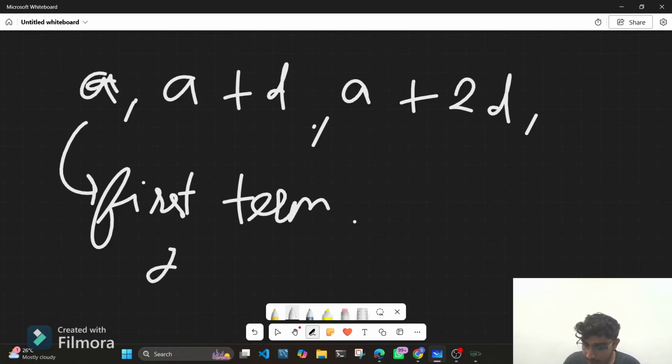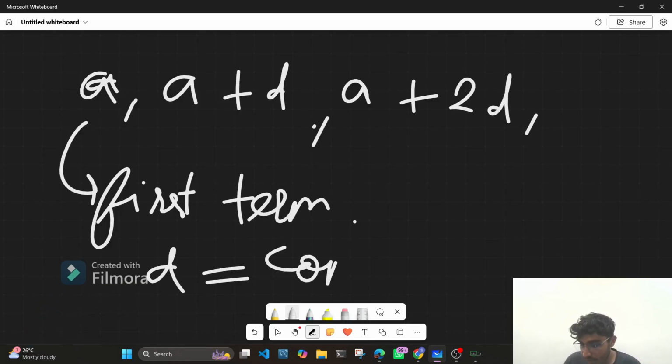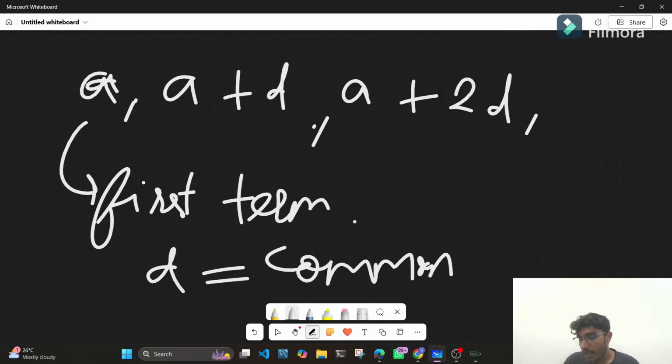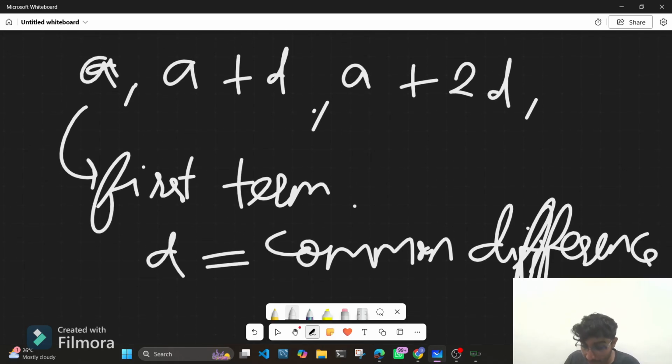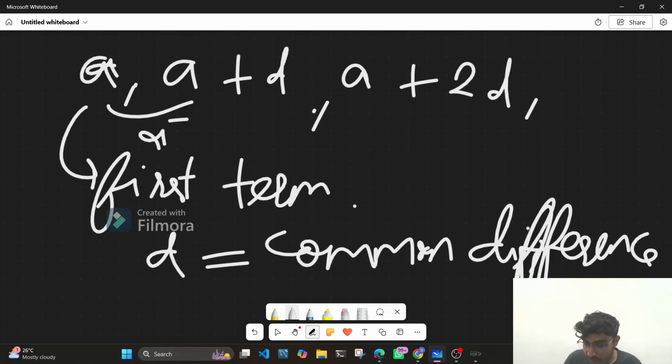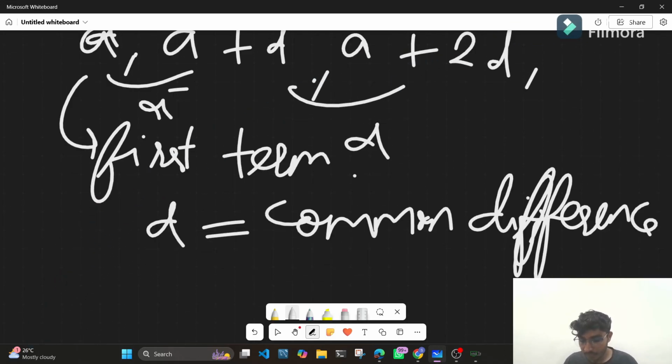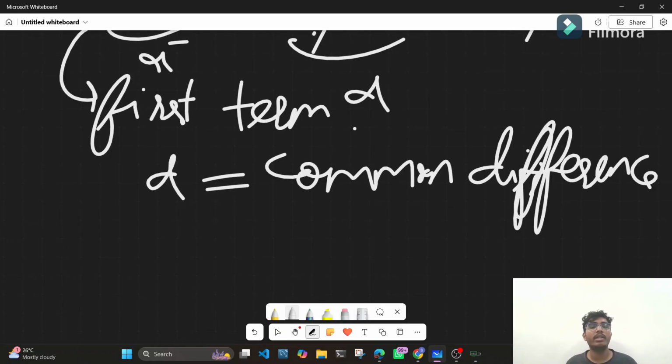Then D is known as the common difference, because the difference between each pair of terms is the same. It is constant. If we subtract, we get a difference of D. Here also D. So this is how we generalize arithmetic progression.